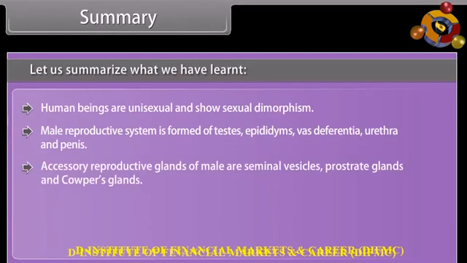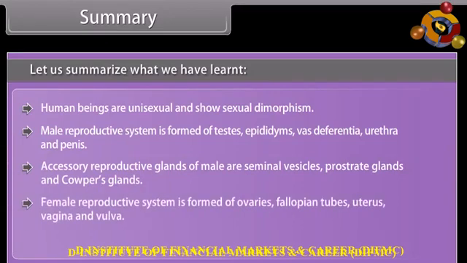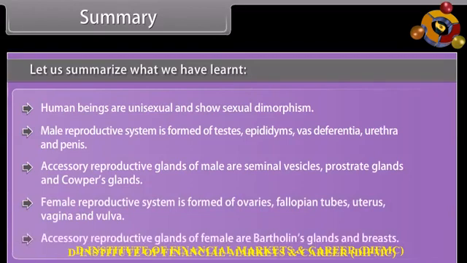Accessory reproductive glands of the male are seminal vesicles, prostate glands, and Cowper's glands. The female reproductive system is formed of ovaries, fallopian tubes, uterus, vagina, and vulva. Accessory reproductive glands of the female are Bartholin's glands and breasts.